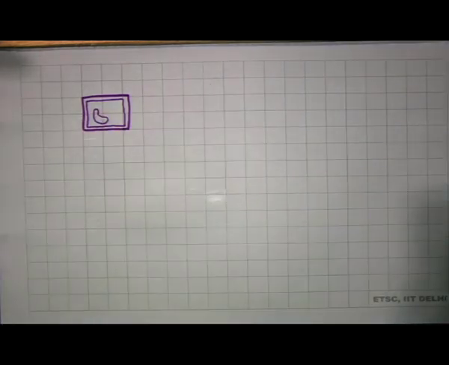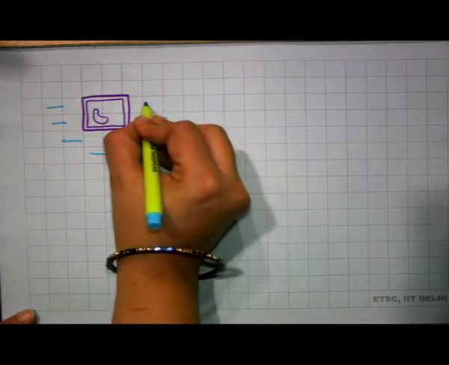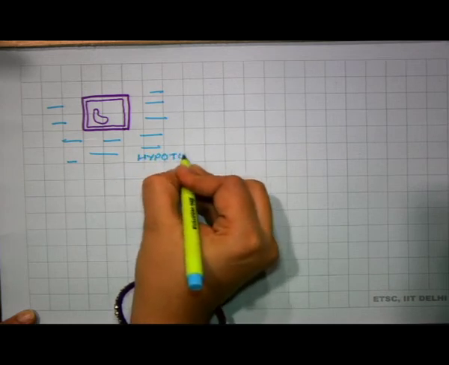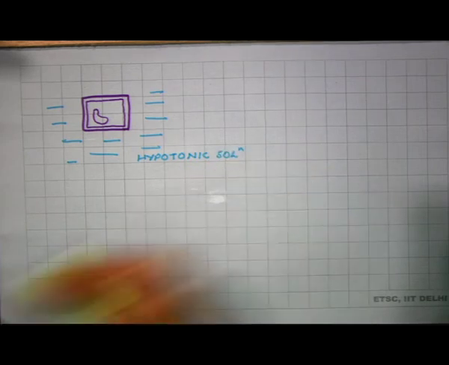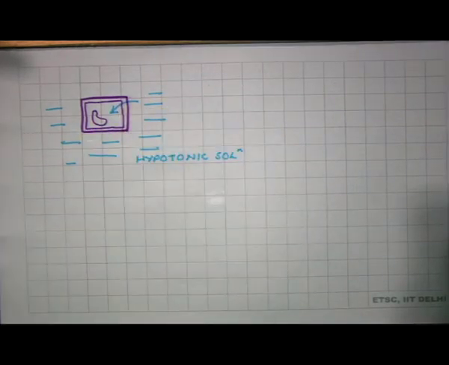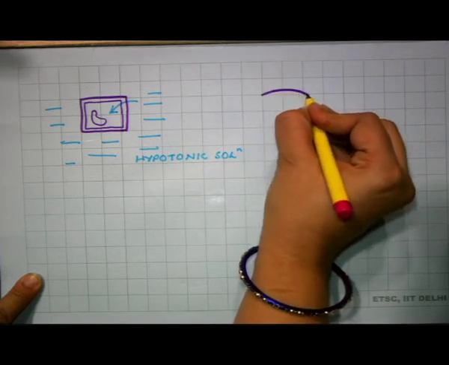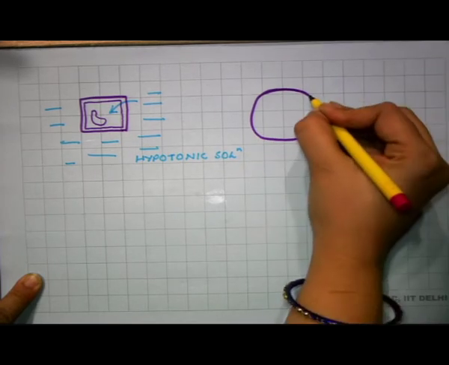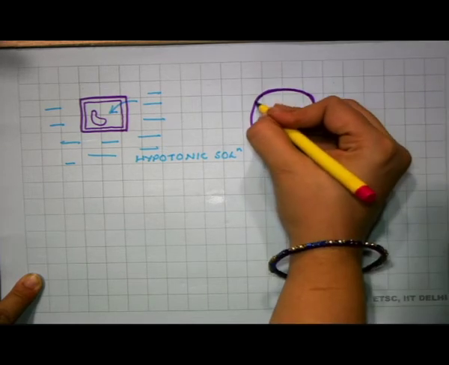When it was put in a hypotonic solution, water moves into the cell, and now the plasma membrane starts exerting pressure on the cell wall.